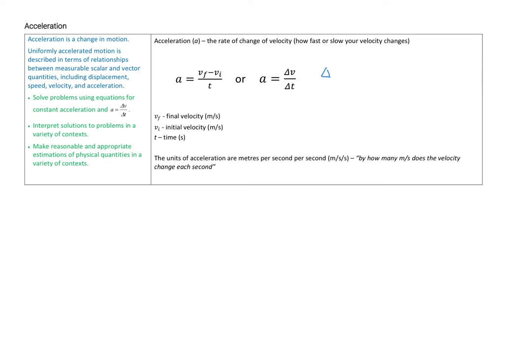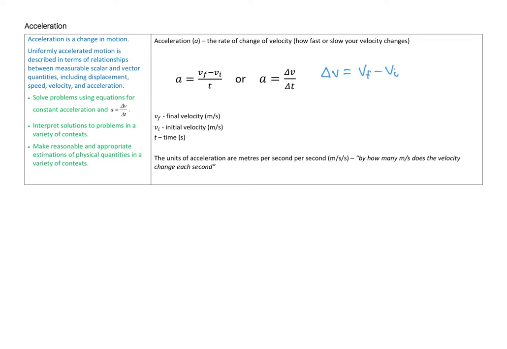Really what we're saying there, delta v is equal to vf minus vi. So delta is a letter from the Greek alphabet. It's a triangle, and it's often used for change in. So where we talk about the change in something, we use that delta. So the change in velocity, we use that little triangle, the delta from the Greek alphabet, vf minus vi.